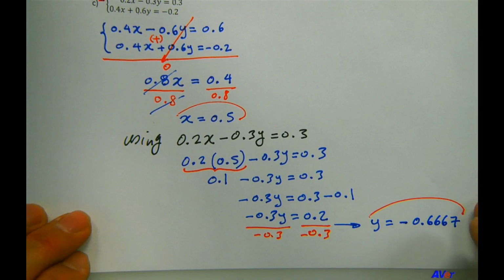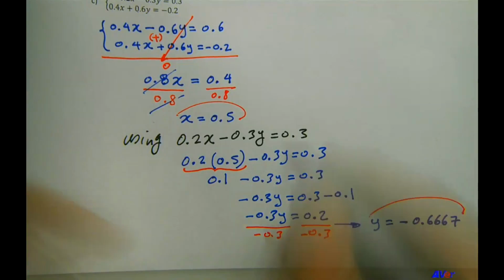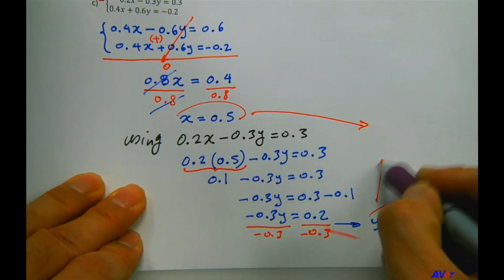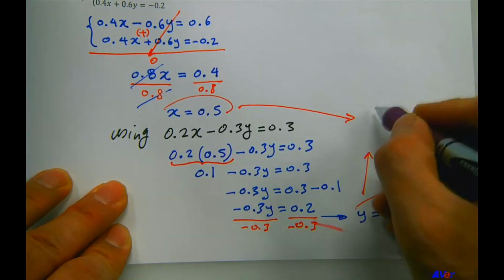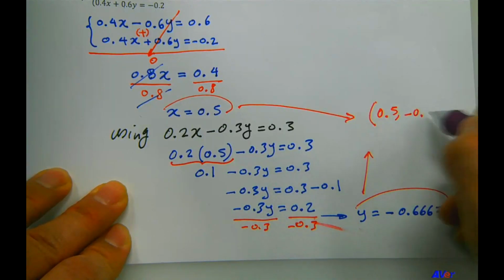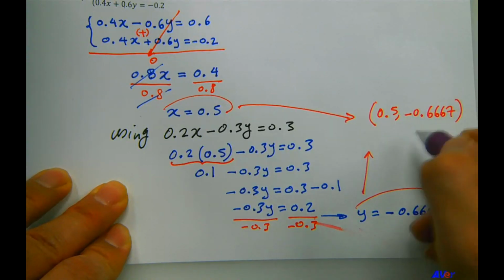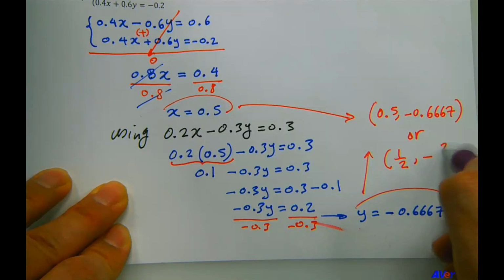So basically, we can keep these in decimal form or in fraction form. The fraction form is more desirable because it is more exact. So we can write the solution this way: either 0.5 comma minus 0.6667, or we can say 1/2 comma minus 2/3.